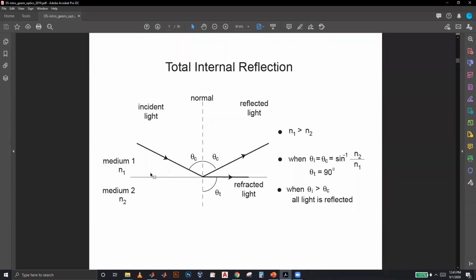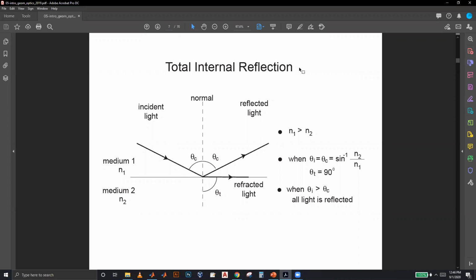One important point to keep in mind is this can only take place if the first medium has a refractive index which is much higher than the second medium. One example would be when light is going from glass to air. If you have light going in at angles greater than the critical angle from glass to air, it won't be able to escape from the glass, and will get completely reflected back into the glass.